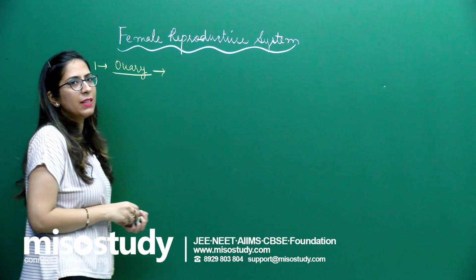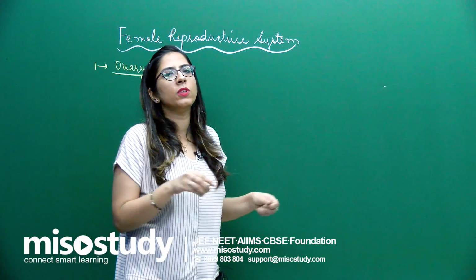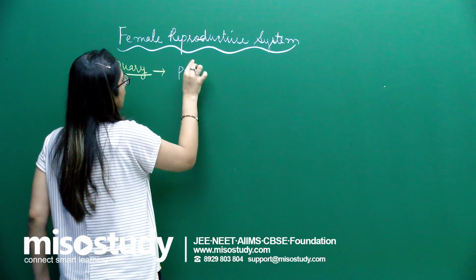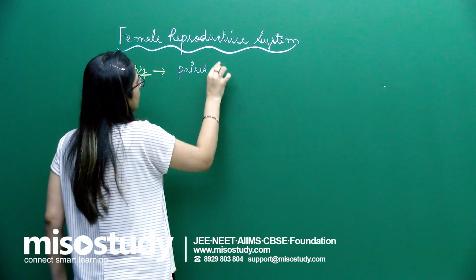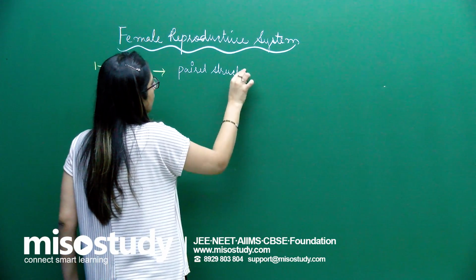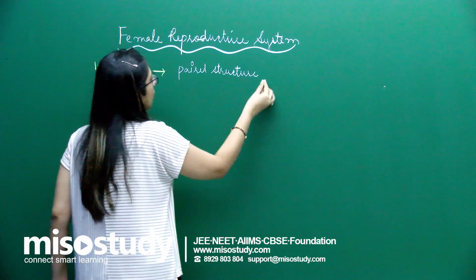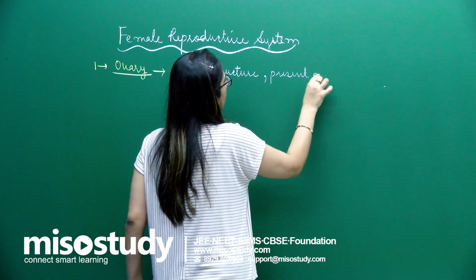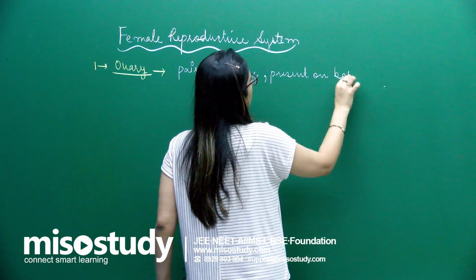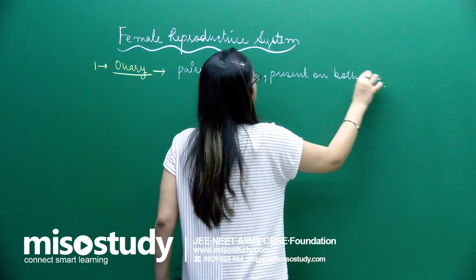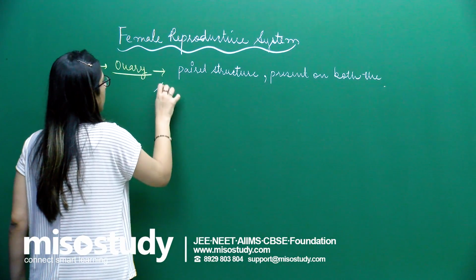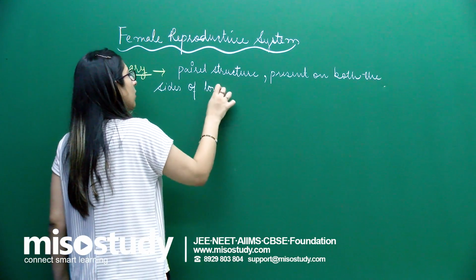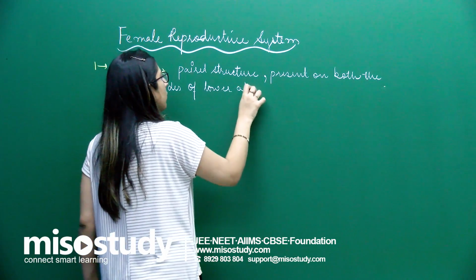The ovary is a paired structure which is present on both sides of the lower abdomen.